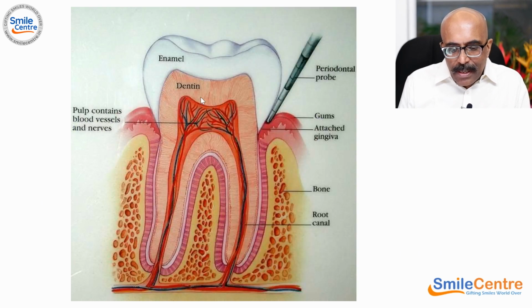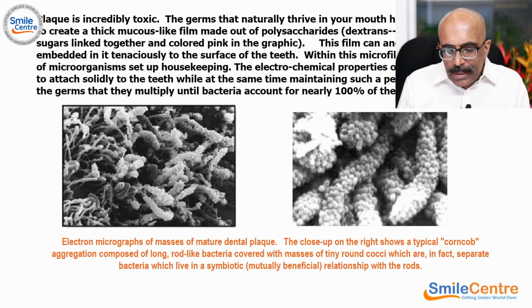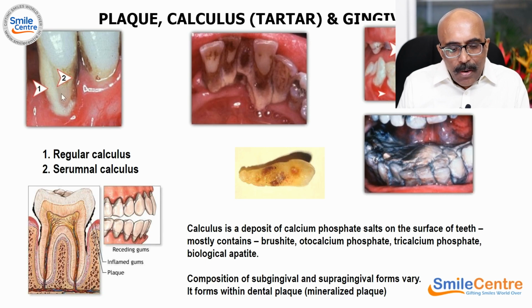Now, this is the structure of the tooth with the supporting bone. You have the gums here, and soon after the cleaning, the tooth structure appears very clear and clean without any problem. But supposing a patient has not undergone professional dental cleaning for quite some time, he develops some kind of plaque around the tooth surface adjacent to the gums, and because of the presence of the plaque, the gums start getting inflamed.